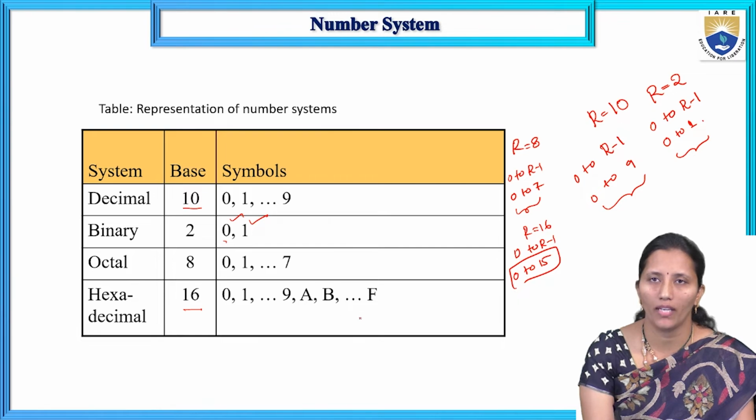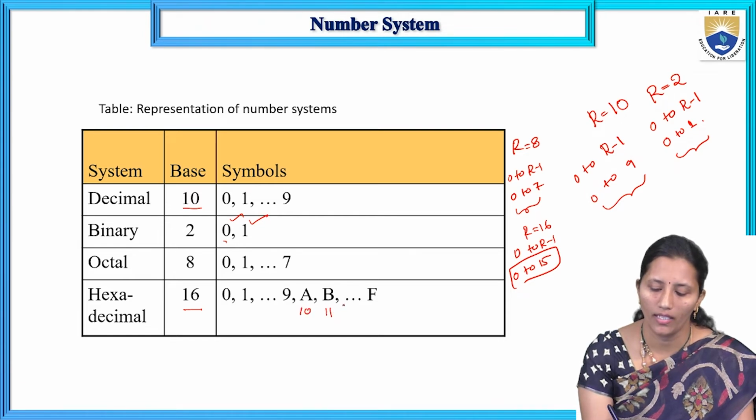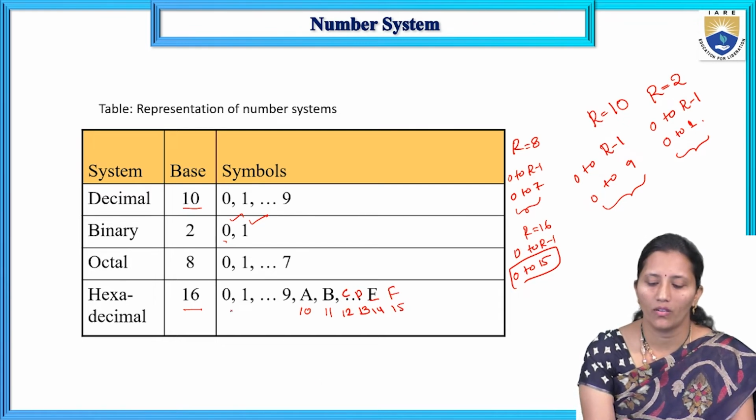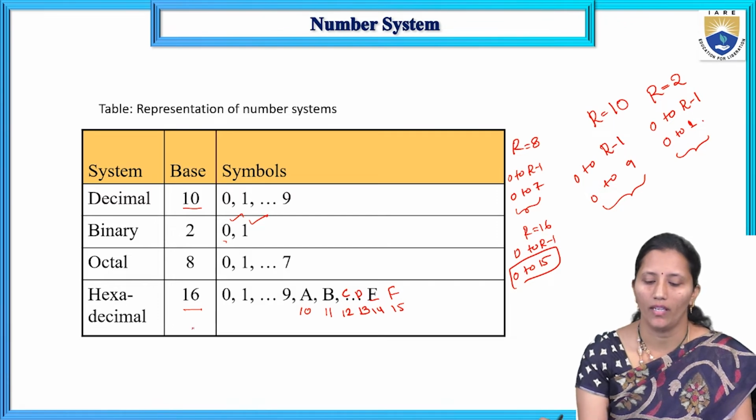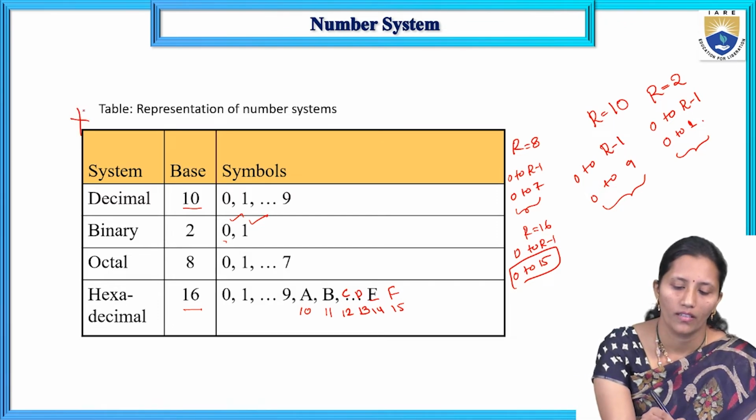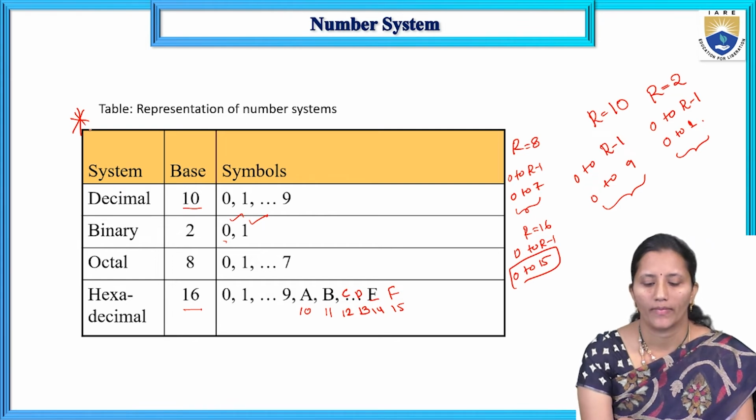But here the representation after 0 to 9 is that 10 will be represented by A, 11 will be represented by B, and 12 will be represented by C, 13 D, 14 E, 15 F. So 0 to F, a total of 16 symbols we are going to use in base 16, that is the hexadecimal number system. So we have to remember the base of the number system, and what numbers we are going to use in that number system.